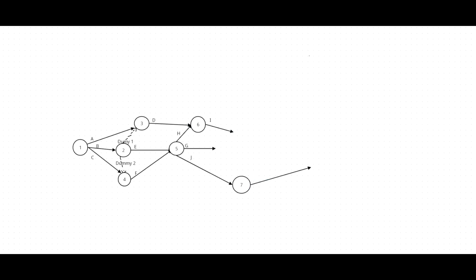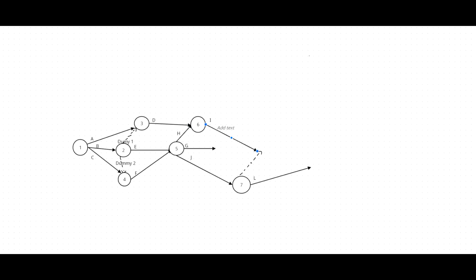Now we should draw the K. If you draw the K, we should complete G, I, J. We already completed J. Then take the dummy from the J and take activity I and J also.